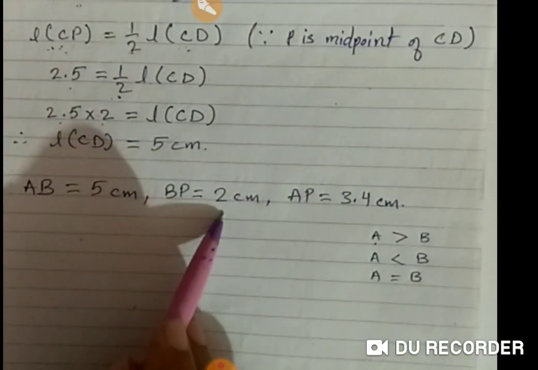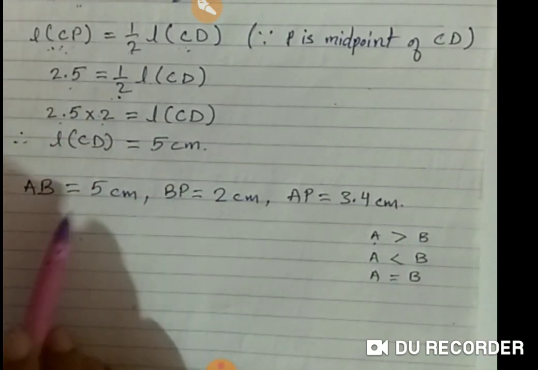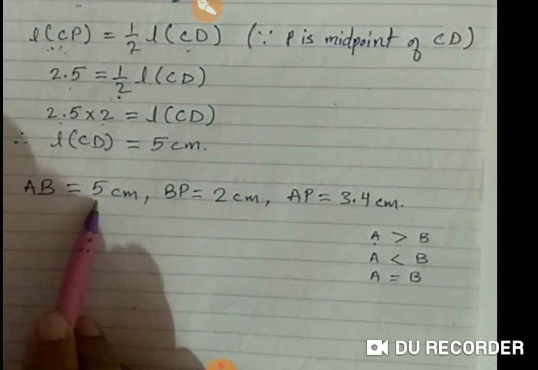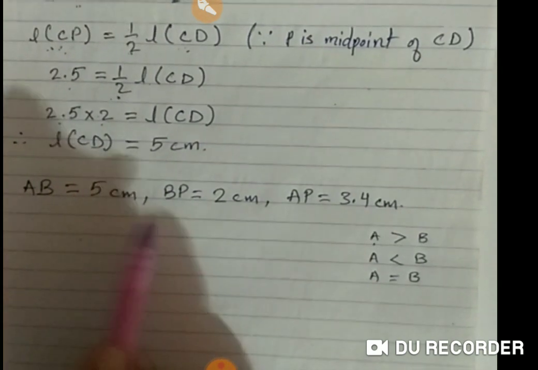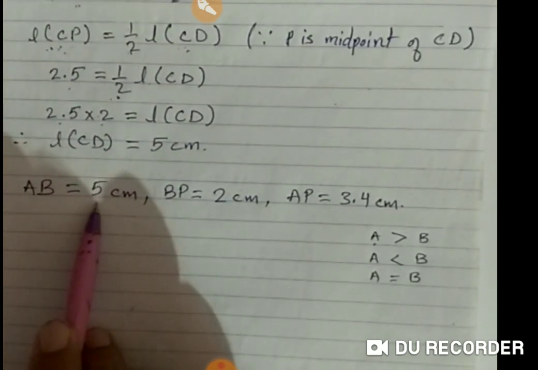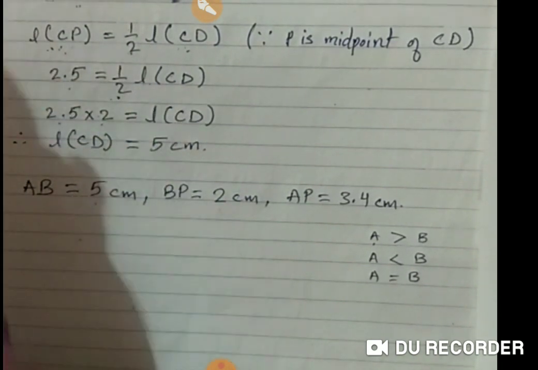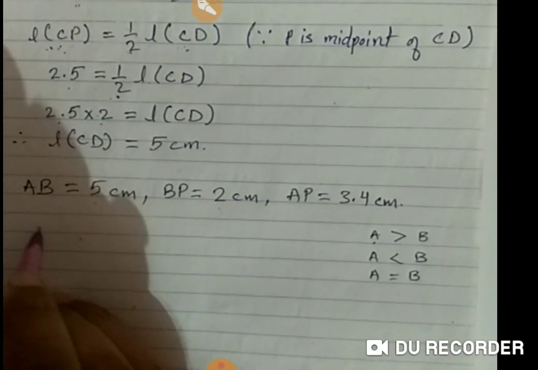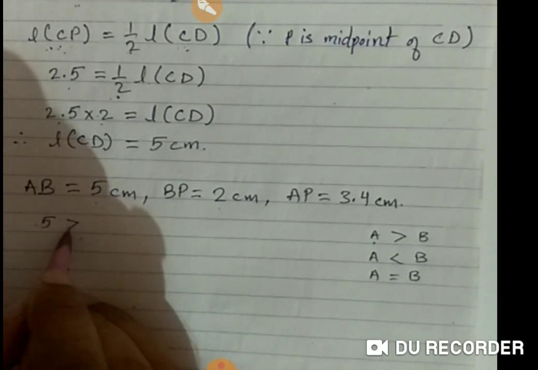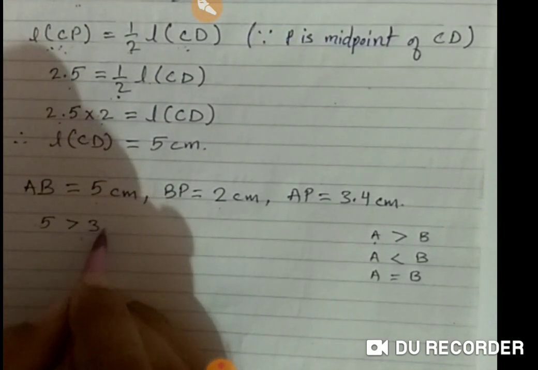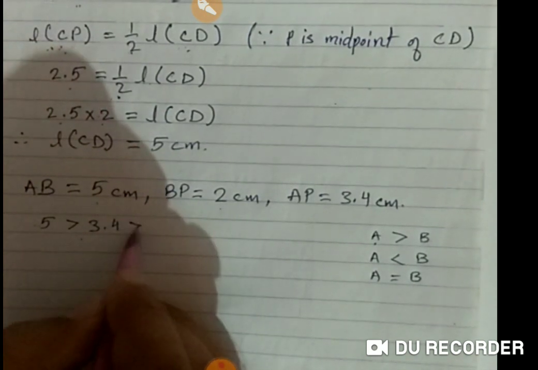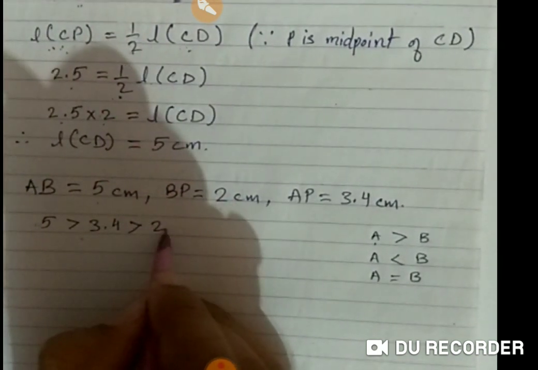So 2 is least and 5 is max, right? So the greatest length is 5 and the smallest length is 2. So here you can say 5 is greater than 3.4 and 3.4 is greater than 2.